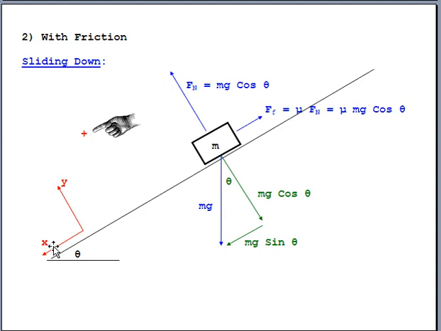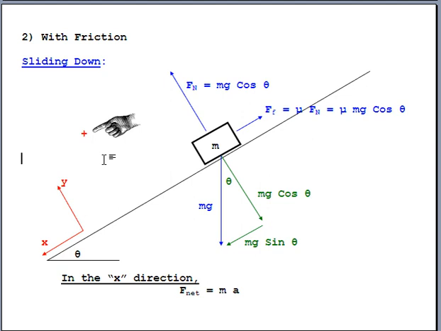Now remember, we've called this the x direction, right? Kind of in that diagonal up, down, left, right deal. This mg sine theta is positive because it's going down the hill. And this friction force is negative because it's not going down the hill. So now I'm just going to get my F net equals ma ready to go.